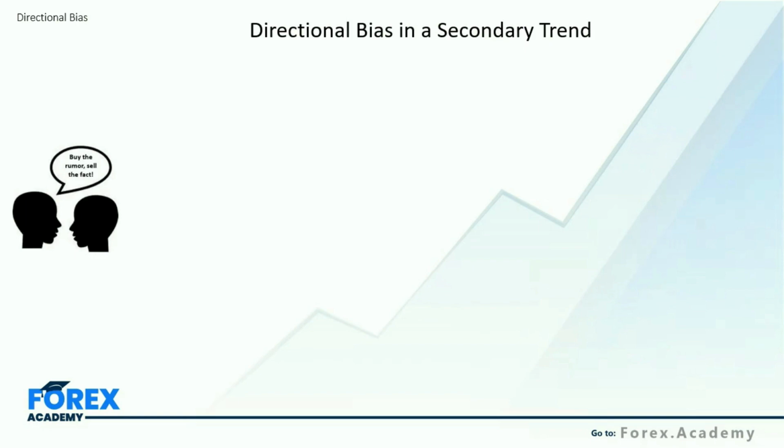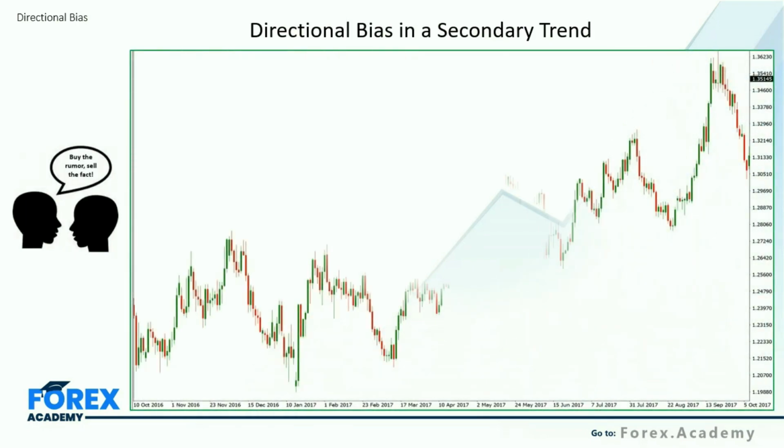To apply it then, we can see from the chart currently on screen that we have a clearly defined primary trend, which is to the upside. Prices, whether you like it or not, are effectively moving from bottom left to top right. So the primary trend, I hope you would agree, is clearly to the upside.